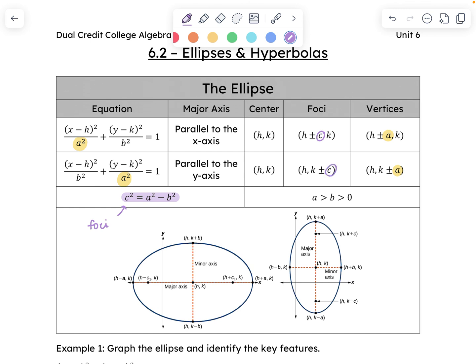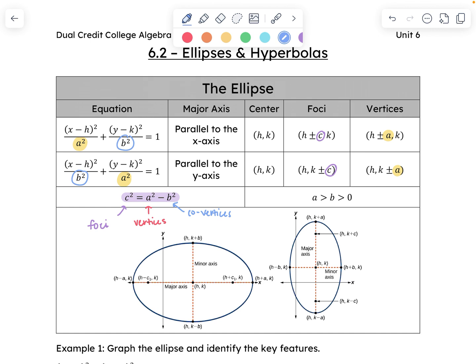The a we already talked about, but the a is the part that goes with the vertices. And then there's also something called the co-vertices, and that's what the b is. That's the part that's under the other letter, and so it goes with the other letter.